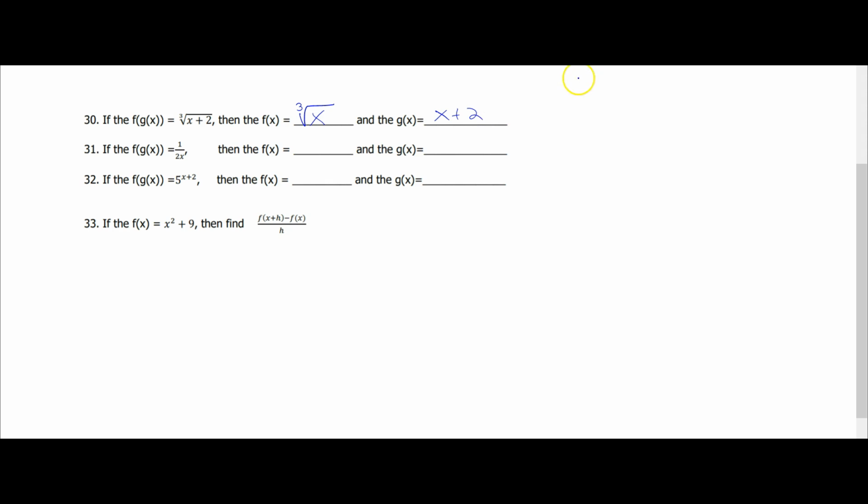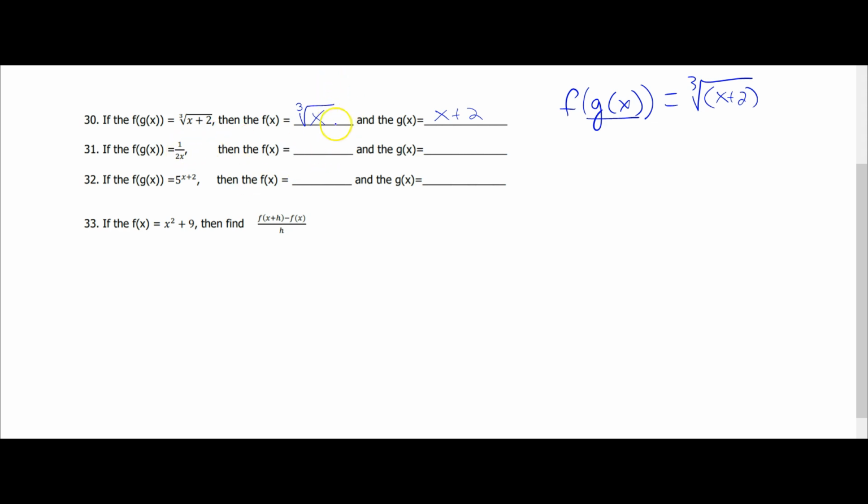And we can check this by saying if we had the f of g of x here, and this is true, then I'm going to put a parentheses wherever I see the x, and then I'm going to substitute the x plus 2 in for it, because I'm putting in the g function right here. And that should give me what I originally had here, and it does. So that's a good sign there.